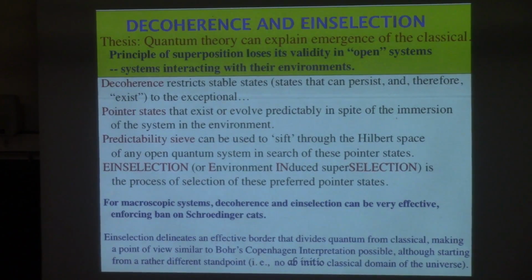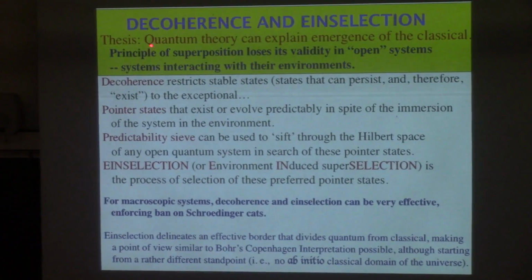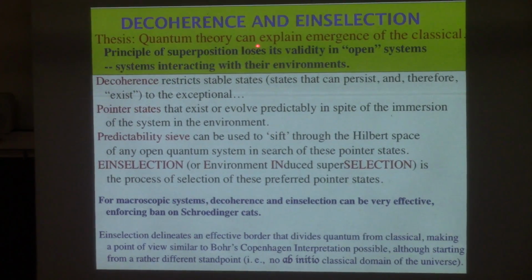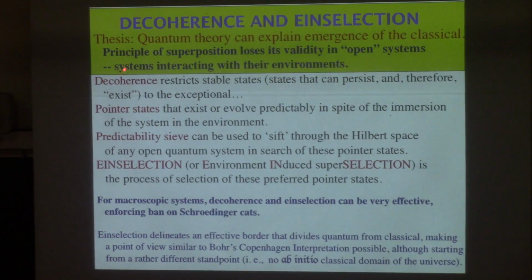So, brief summary of what decoherence does and what it doesn't do. Well, for now, what it does. Quantum theory can explain emergence of the classical. The principle of superposition loses its validity in open systems, systems interacting with the environment. Decoherence restricts stable states, states that can persist and therefore exist in the sense in which we normally think of this, to exceptional pointer states.